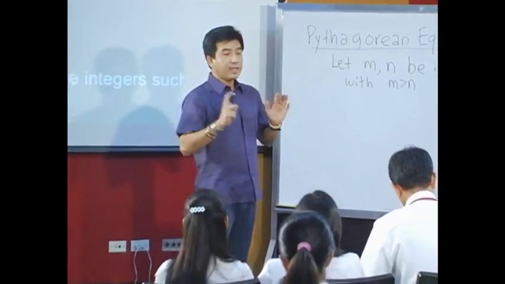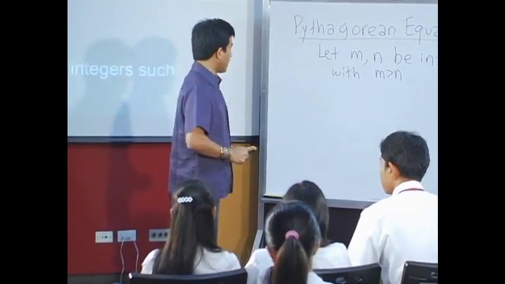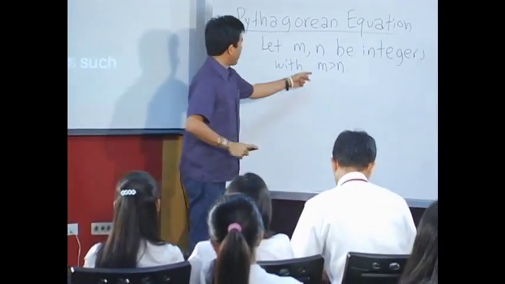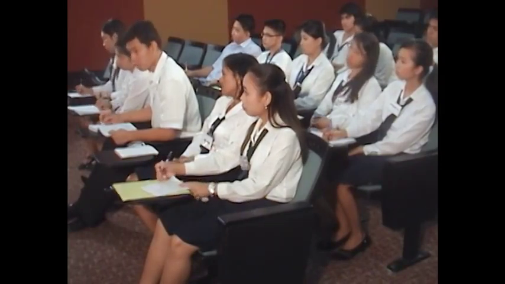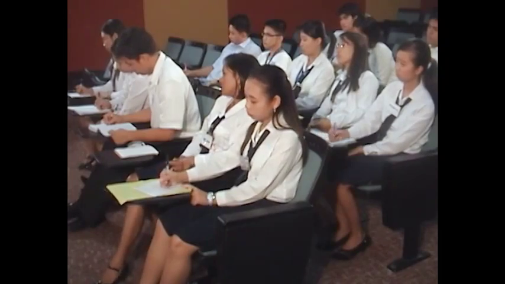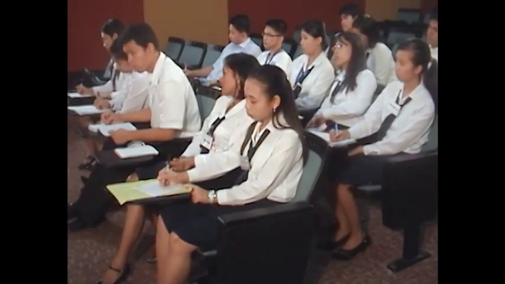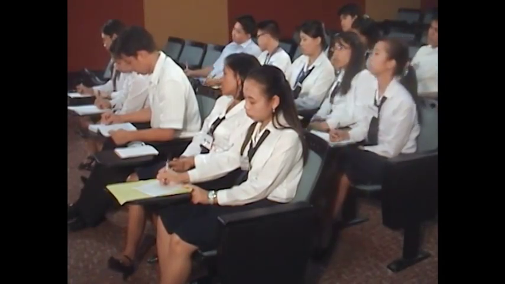Suppose we take any m and n such that they are positive and m is greater than n, and we let a be equal to m squared minus n squared, b is equal to 2mn, and c is equal to m squared plus n squared.